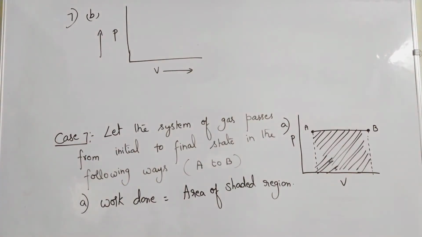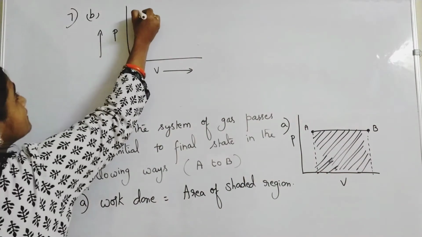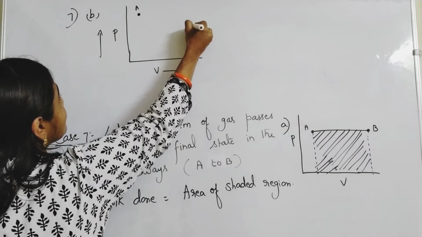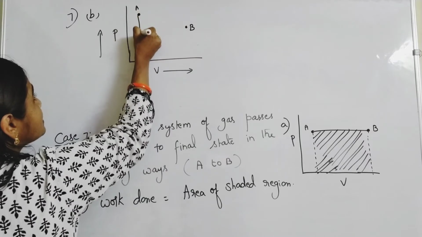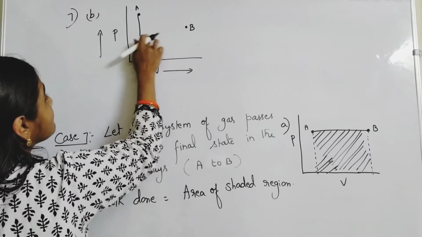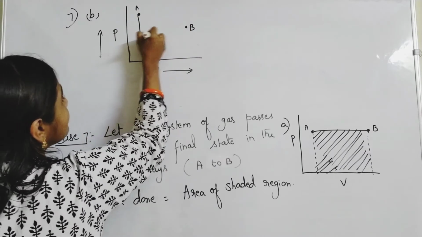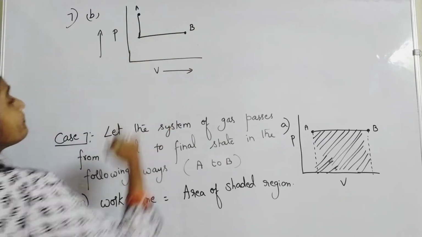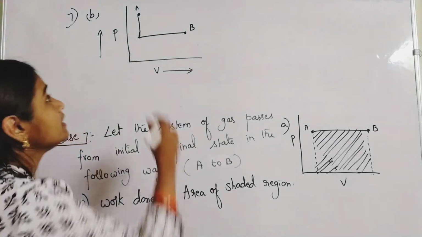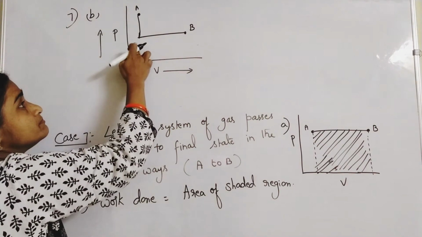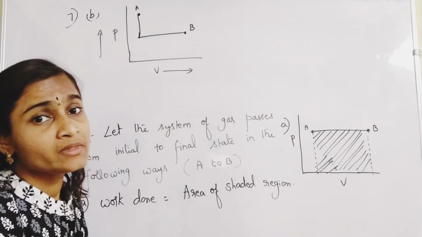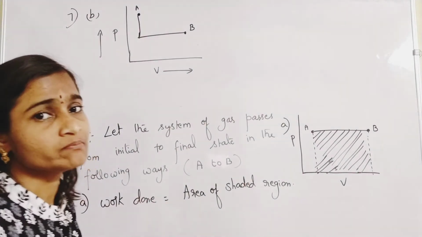Suppose the process is taking place between A and B in such a way that the graph is given like this. A is passing in this direction and reaching B. The process is happening in that direction.